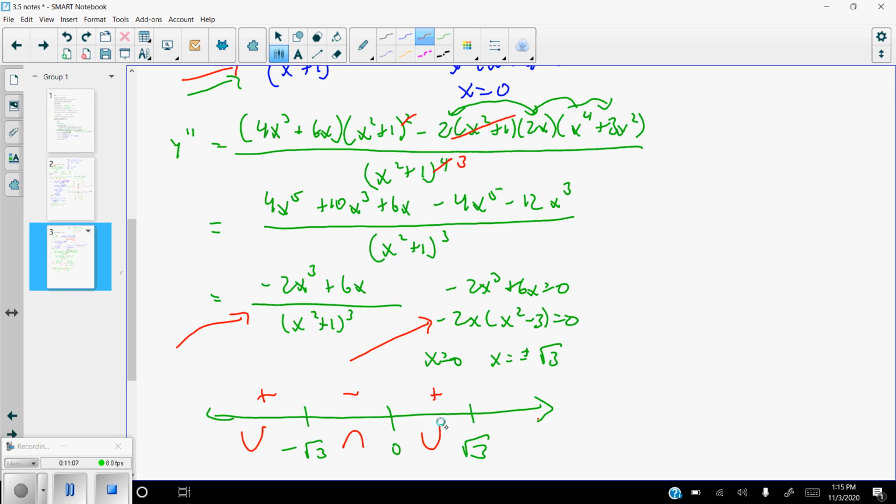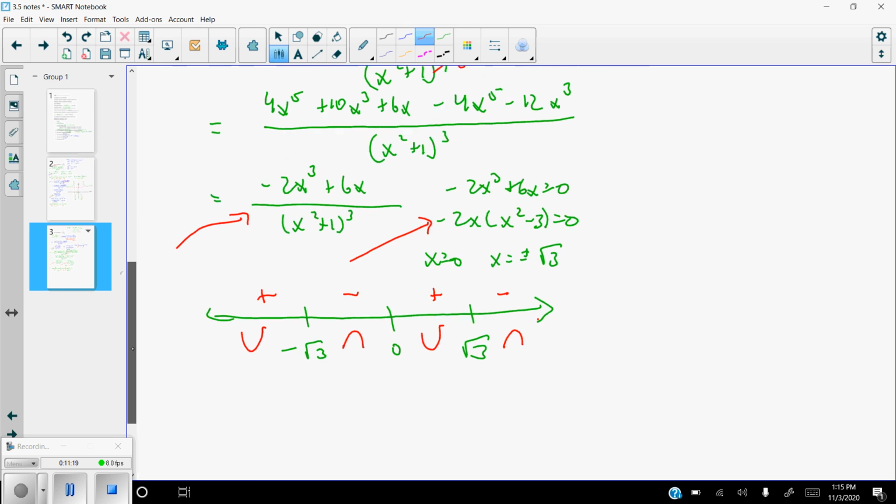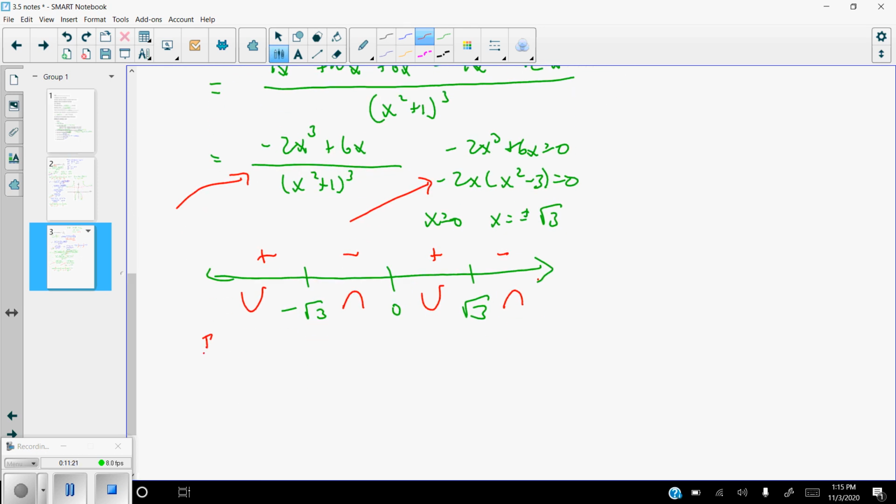And then greater than square root of 3, like 2, is going to be negative on the outside, positive on the inside, so negative, so concave down. Remember that there were no undefined values, so you've got inflection points at all three of these things. So I've got inflection points at the negative square root of 3, 0, and the positive square root of 3.